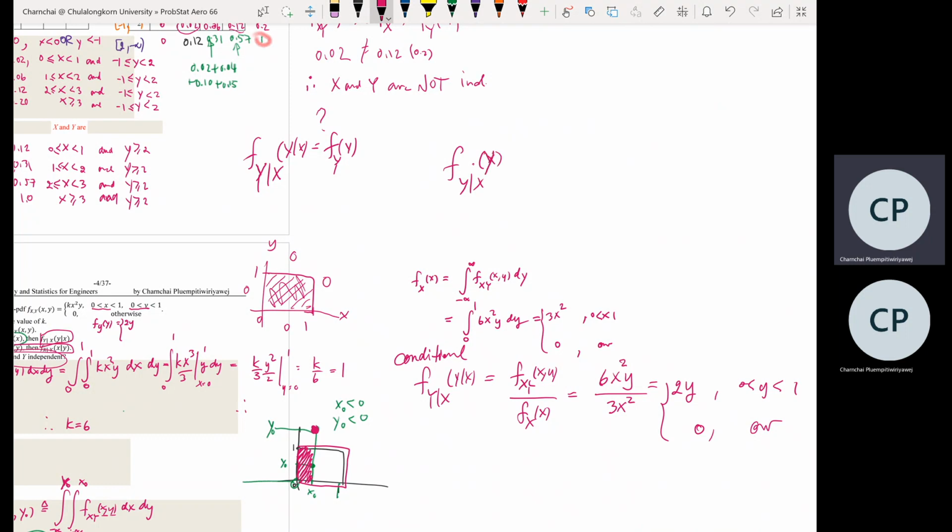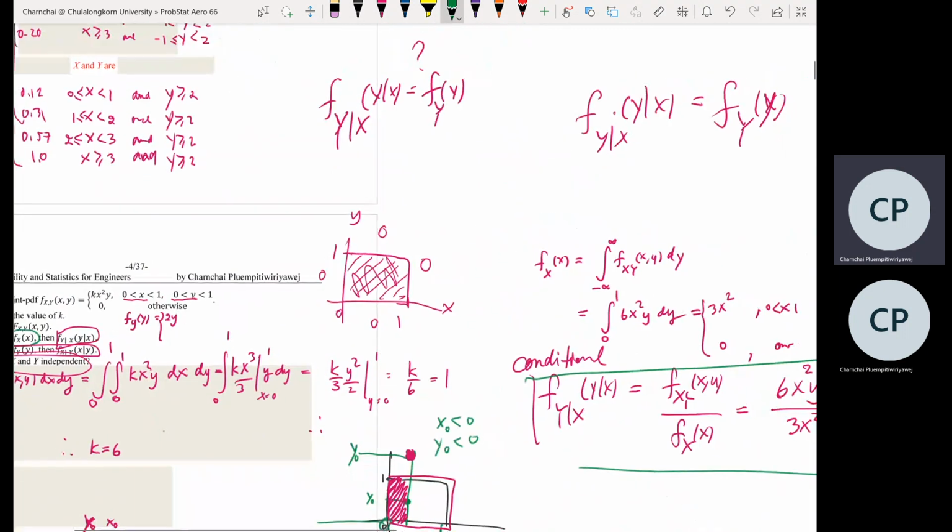Here, f of y given x is 2y, and f of y is also 2y.